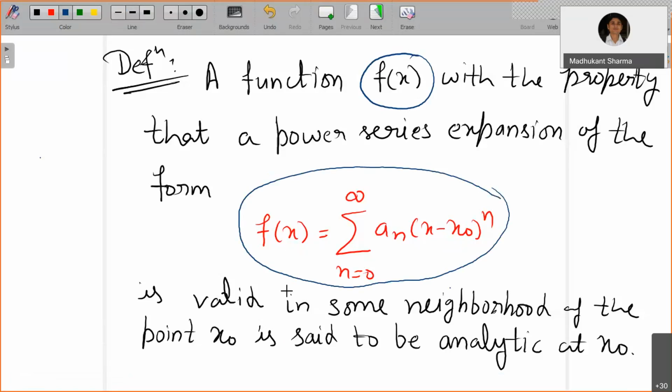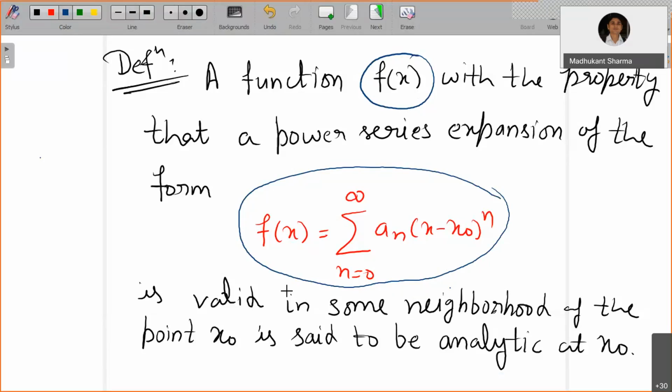It is not for all neighborhoods of the point. It may be as small as possible or as large as possible; it completely depends on the definition of the function. So if f is valid in some neighborhood of the point x0, it is said to be analytic at x0.